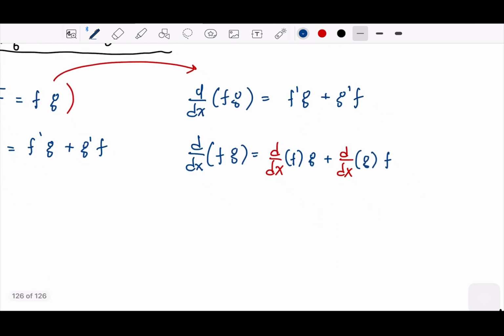But what we are going to do now is take the integral with respect to x. In the fundamental theorem of calculus, we know that if we do this, then the d/dx will be removed. That way, we are going to have fg, sorry, not f of g, fg. And then d/dx f becomes df. So this will be the integral of g df plus the integral of f dg.